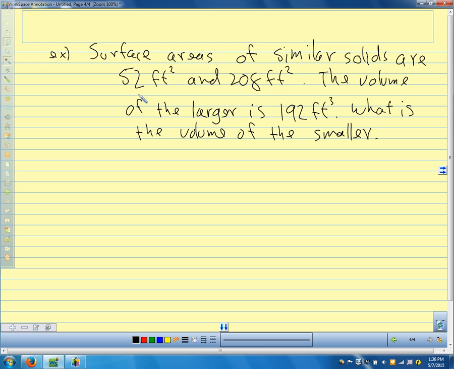Length, area, or volume? Area. That would give us an area ratio. So we can say the area ratio equals, and since we're looking for the volume of the smaller, I'm going to do smaller to larger, 52 over 208.